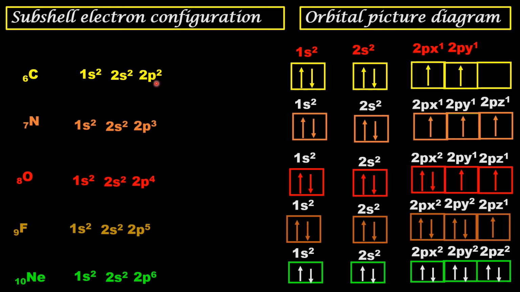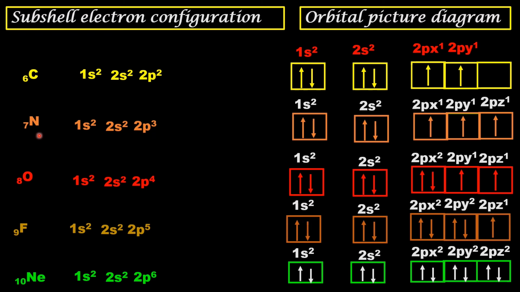As per Hund's rule, pairing cannot start until all the 3 orbitals of the p subshell are filled with 1 electron each. So the 6th electron moves to 2py. The 2 electrons in the 2 separate orbitals of p subshell are in same direction.